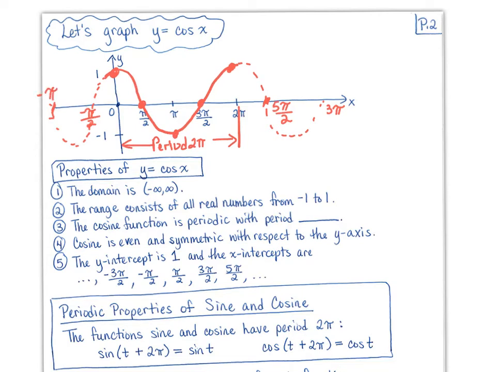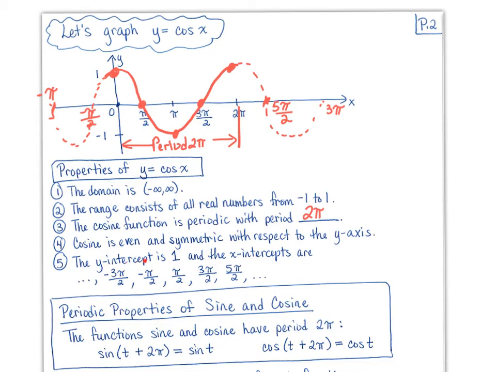Okay. Now, properties of cosine of x. The domain is all real numbers. The range consists of real numbers between -1 and 1. Okay. The cosine function is periodic with period what? 2 pi. Good. Cosine is even and is symmetric with respect to the y-axis. Notice the symmetry here.